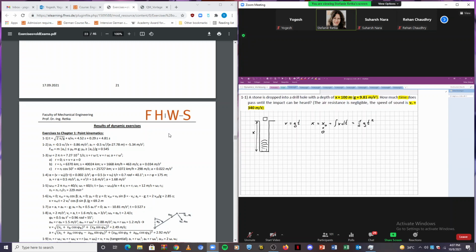Now we know that the stone travels a distance of 100 meters until it reaches the bottom. Then the time until impact can be obtained by rearranging the equation. So that's 4.515 seconds. The speed of sound is a constant value.